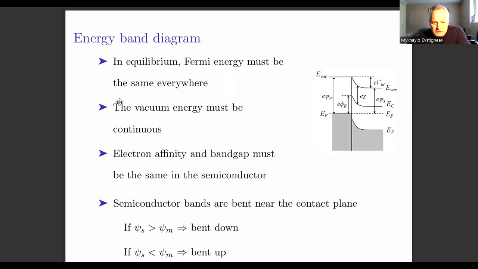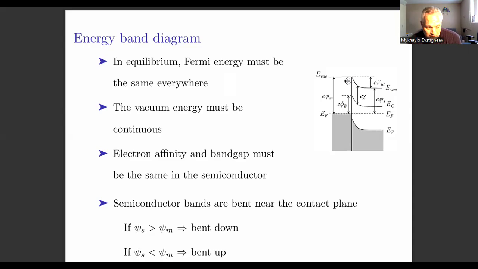The second statement that I would like to make concerns the vacuum energy. The work functions of the semiconductor and the metal are not necessarily the same. In general, they will be different. You need to work really hard to select the correct level of doping to make the work function of a semiconductor match the work function of a particular metal.